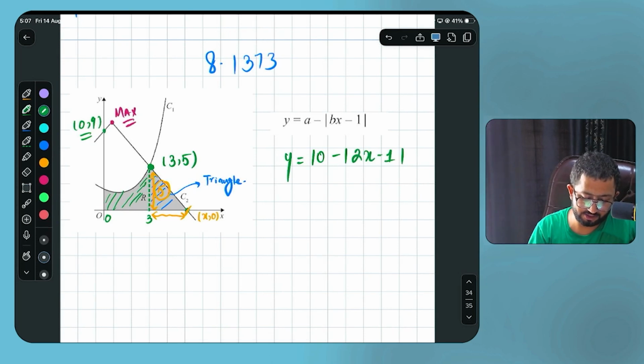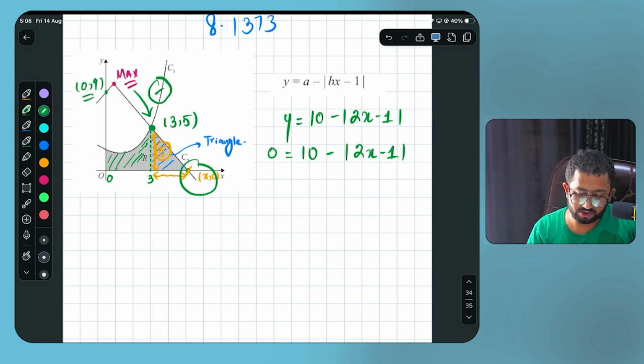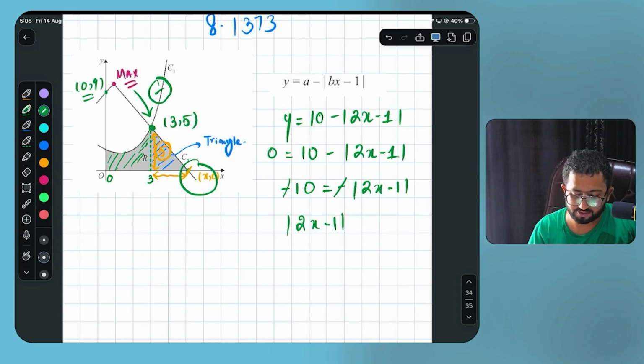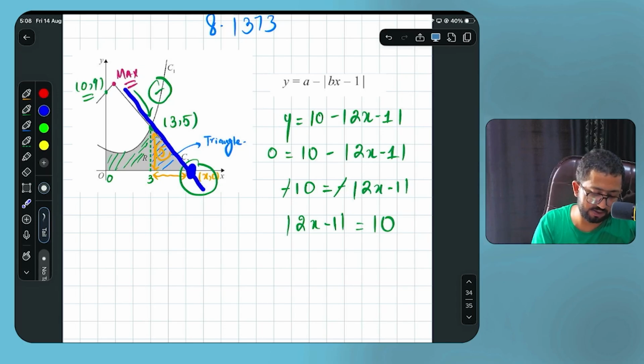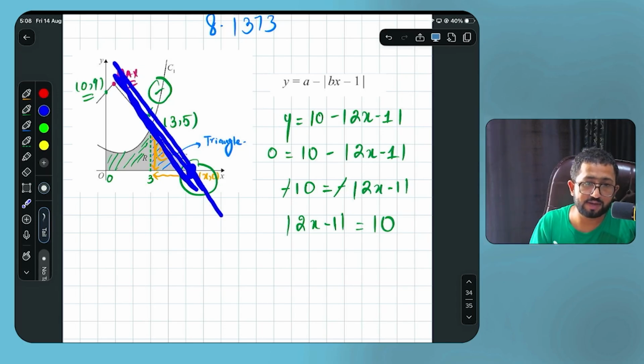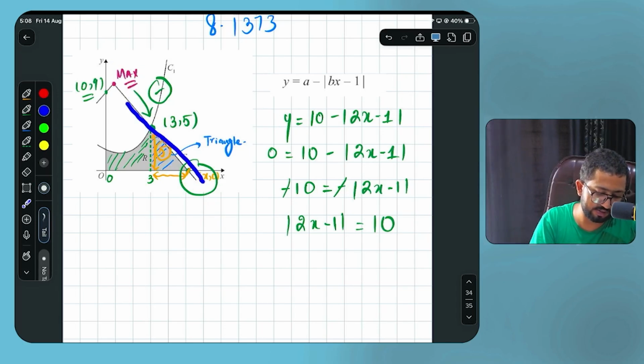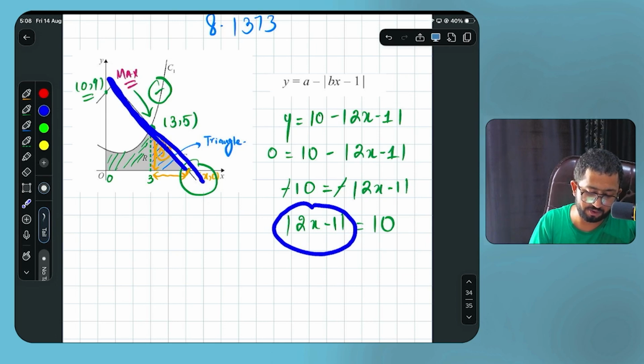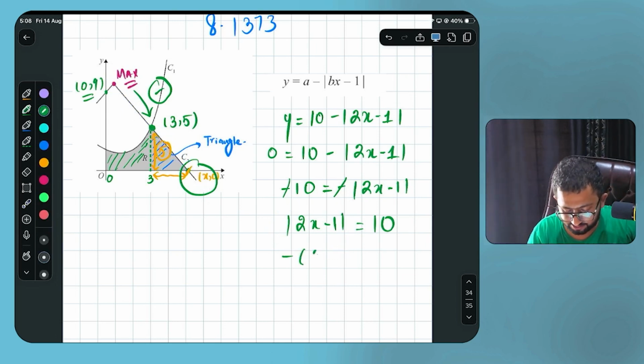So put y equals 0 for this point. So 0 minus 10 equals minus of modulus x minus 1 cancel out. So modulus of 2x minus 1 equals 10. As you can see, this point lies on this line, which has negative gradient. So obviously, everyone knows a modulus is going to be opened with only the negative sign.